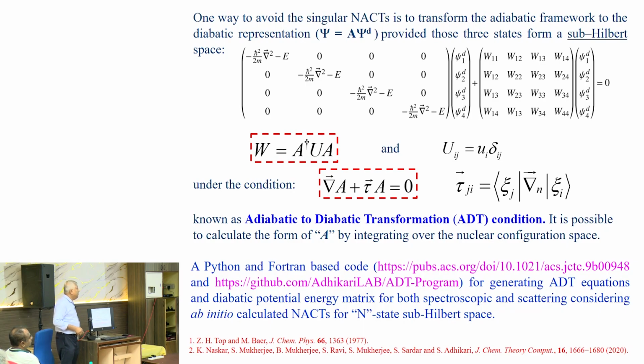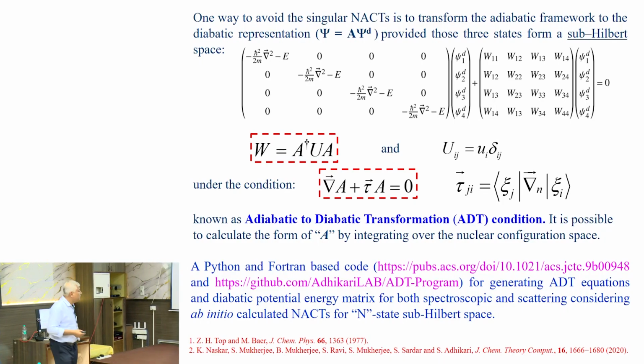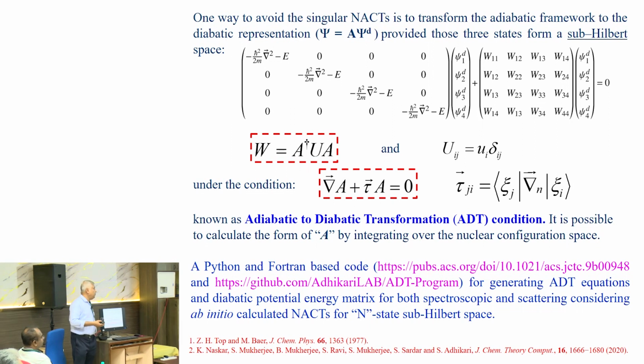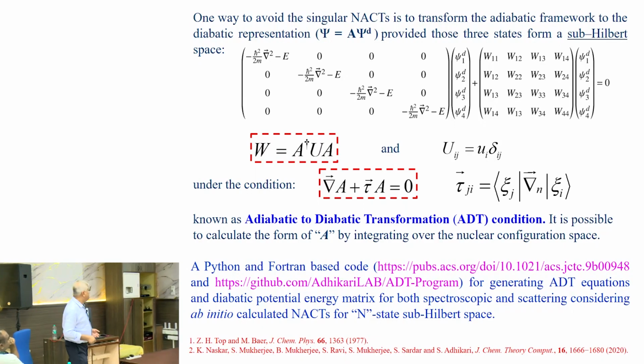It is available, you can download and use it, and it is also interconnected with Molpro and Columbus. So you can calculate the non-adiabatic coupling term and solve this differential equation, and once you solve it, you get A, and A and U are solved ab initio. So A is solved by this equation through tau, and then you get W, the diabatic coupling. The GitHub details are there.